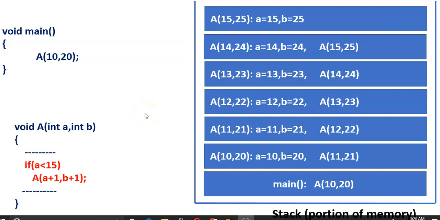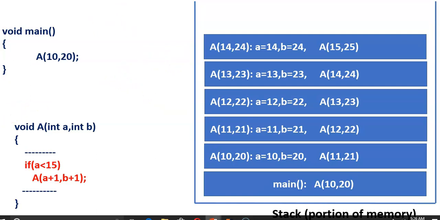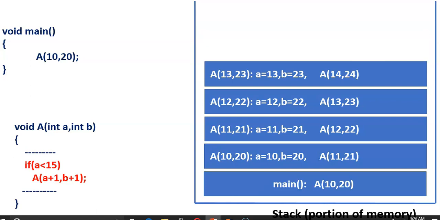Now, once this copy of the function, a of 15 comma 25, is completed, it will be removed from the stack. Now when this copy of function, a of 14 comma 24, is completed, it will be removed from the stack.